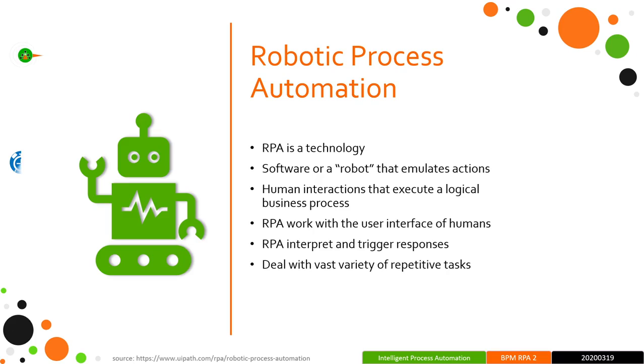They interpret, trigger responses, and communicate with other systems in order to perform on a vast variety of repetitive tasks, only substantially better. An RPA software robot never sleeps and makes zero mistakes, unless the automated business process script is inaccurately documented.